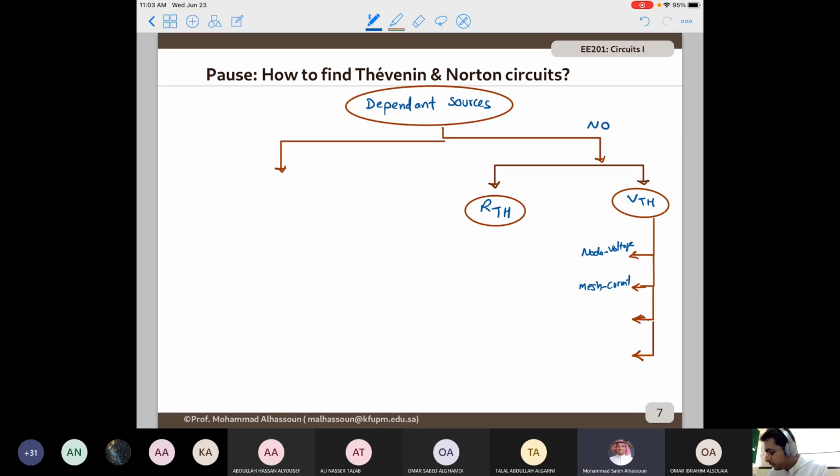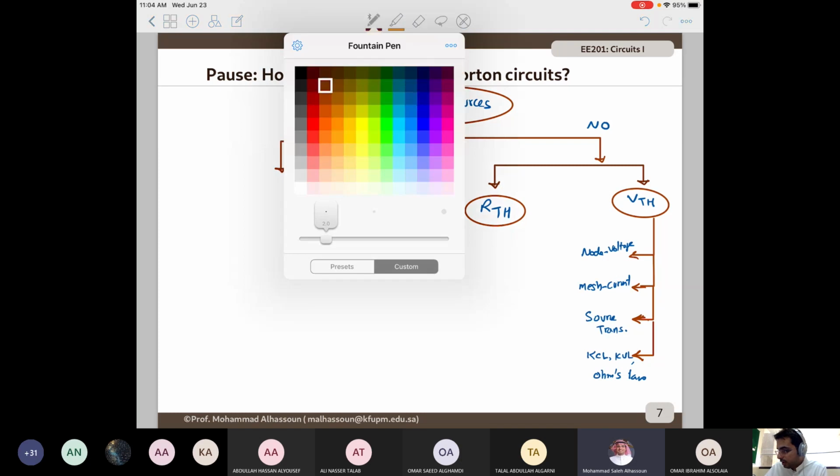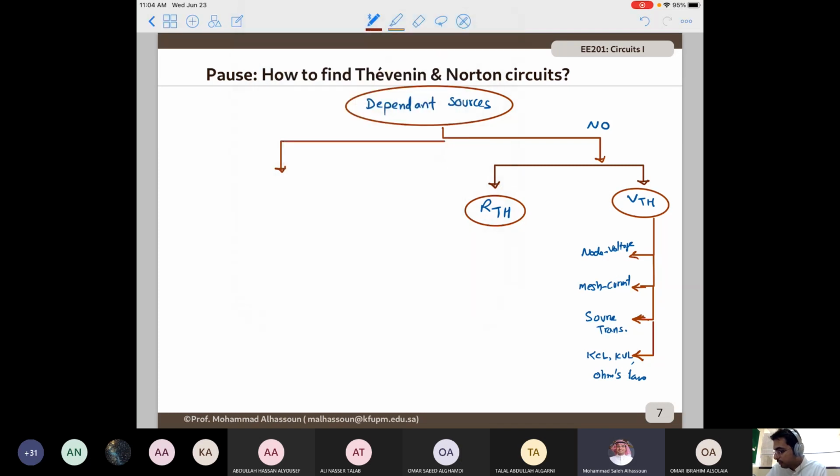The third option is to use source transformation. And the fourth option is KCL, KVL, and Ohm's law, meaning that the circuit is so simple that you don't need to apply source transformation or the node voltage method or the mesh current method. So again, this is OR. You have 4 options.